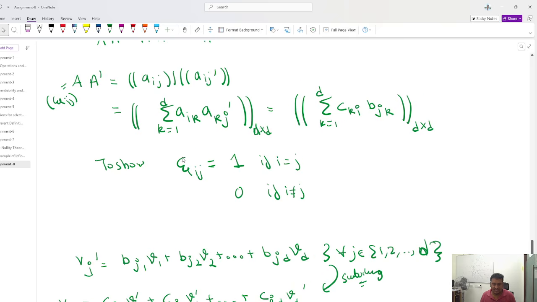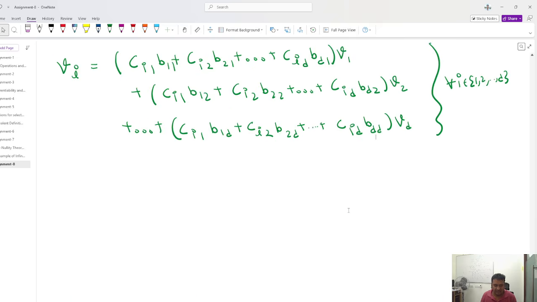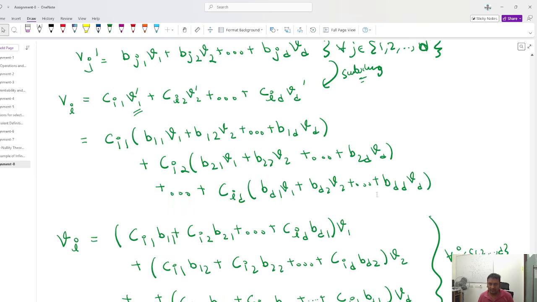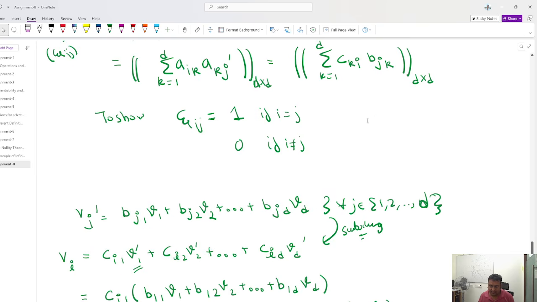We have to see EIJ, no? So for I equal to J. Okay? What we have to show? To show EII is 0. So what is EII? Let's copy from here. So this is your EII.